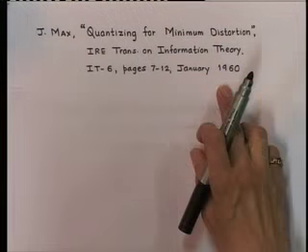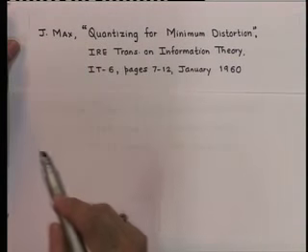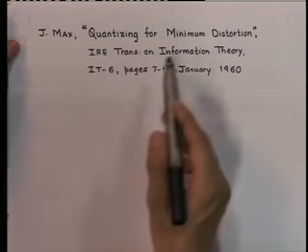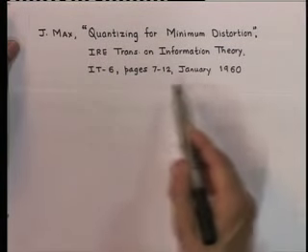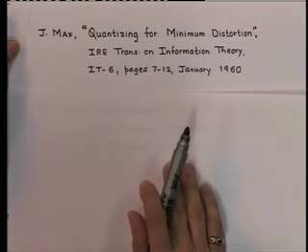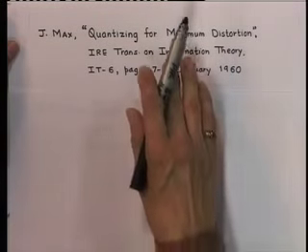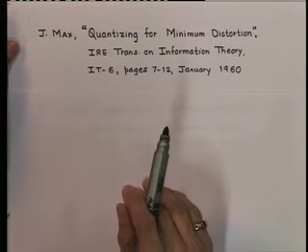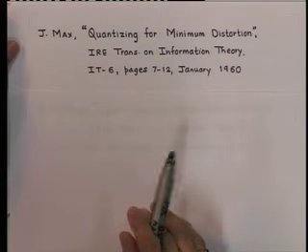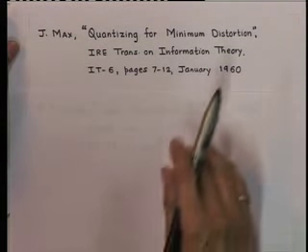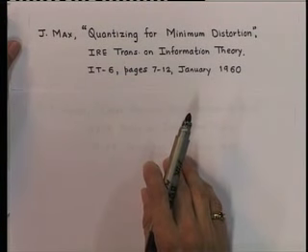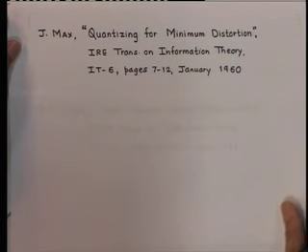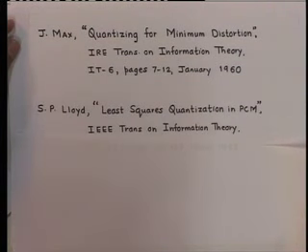In 1960, Joel Max showed how to solve the two equations iteratively in this paper. Now, the same approach was discussed by Stuart P. Lloyd in a 1957 internal Bell Labs memorandum and was published a little later in 1982.